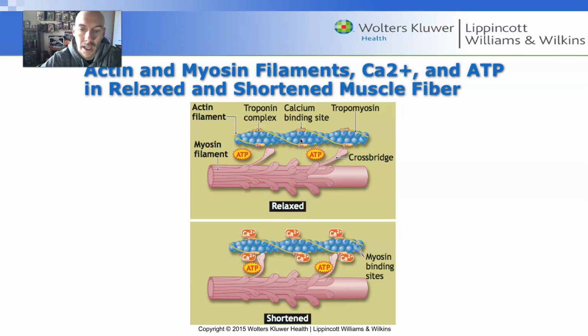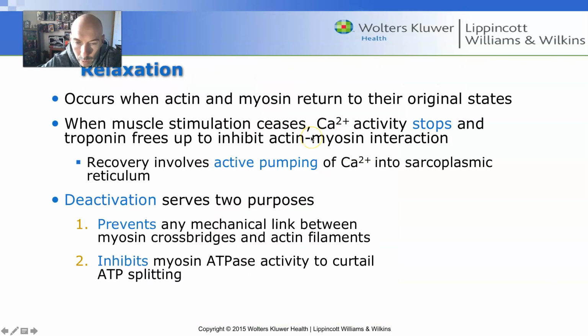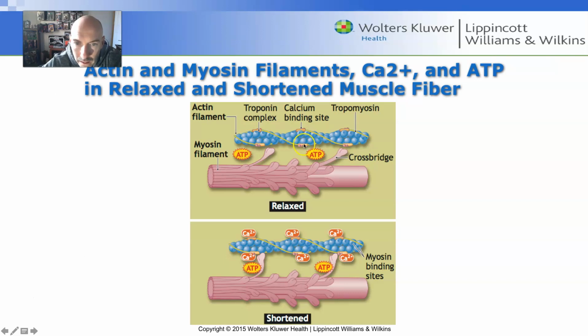I'm sorry. Each of these actin molecules, let me move slowly so I can show you this, has a binding site that is shown here. Now what you can't see, because it's blocked, is the tropomyosin is covering the binding site here.